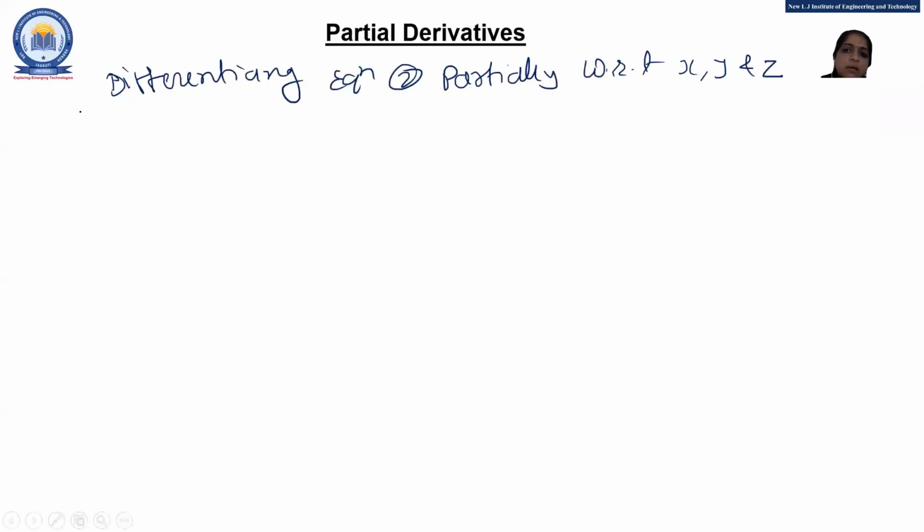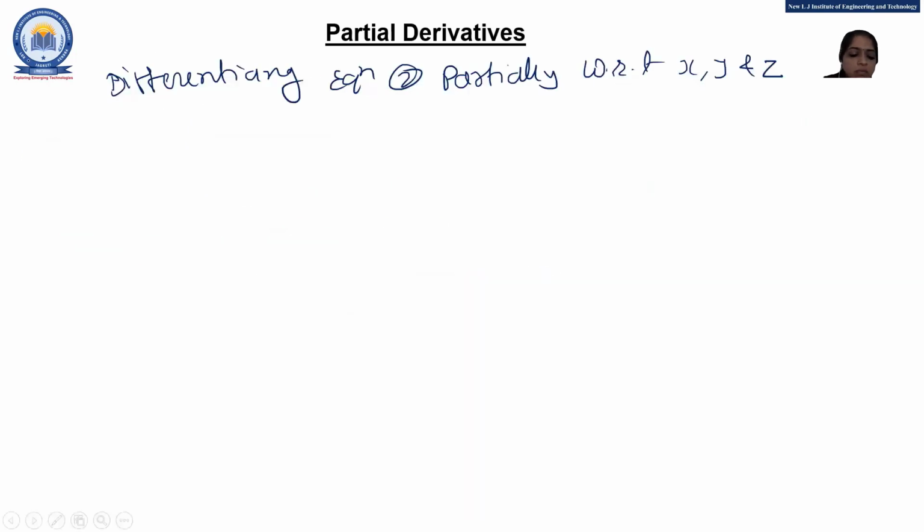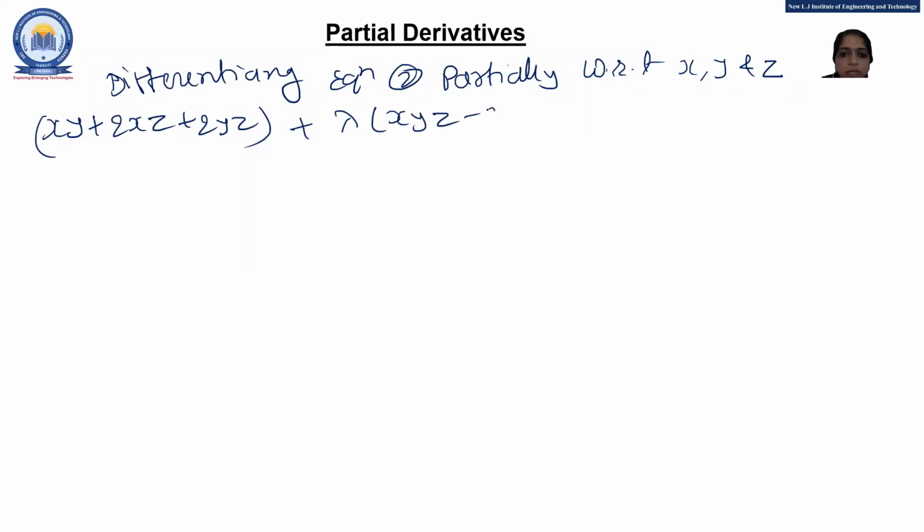I am again writing equation 2 for easy differentiation. So equation 2 is what? That is xy plus 2xz plus 2yz plus lambda into xyz minus 32 equal to 0, right? This is my equation 2.